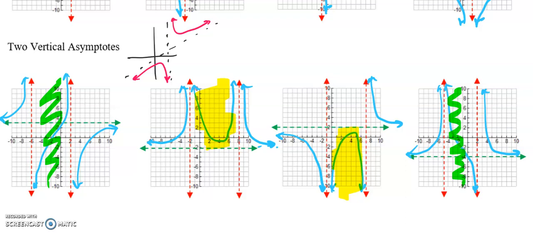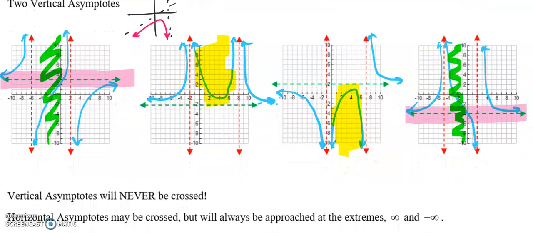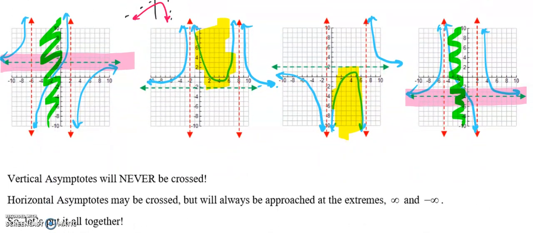The interesting thing is that if we look at the horizontal asymptote in this one here, notice it's been crossed between those two vertical asymptotes. And in this one too, here's our horizontal asymptote. It also has been crossed. So one of the things that you'll notice is that vertical asymptotes are never crossed because that's where the function is undefined.